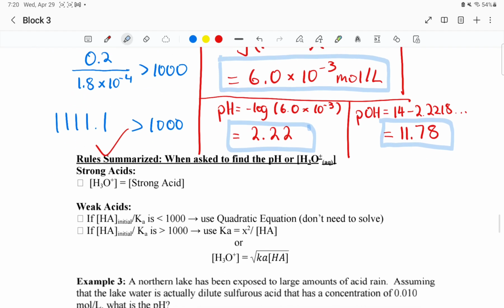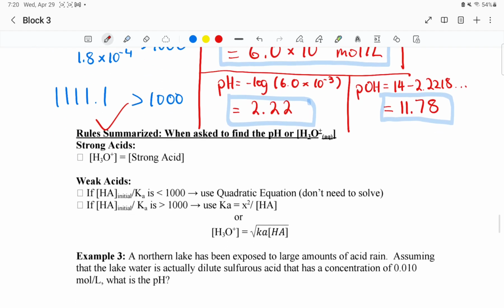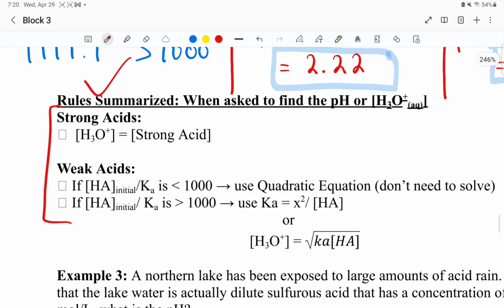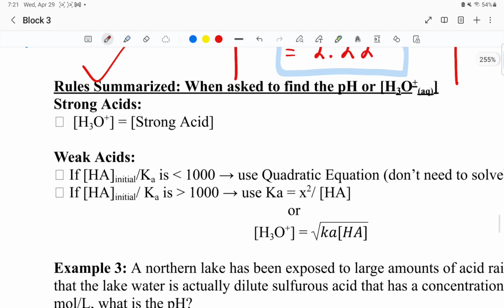Again, for strong acids and weak acids, there's a difference. If you have a strong acid, the hydronium ion concentration will be equal to the initial acid concentration. Now, for your weak acids, if you take your HA and divide it by your Ka and it is less than 1,000, you have to use the quadratic equation.